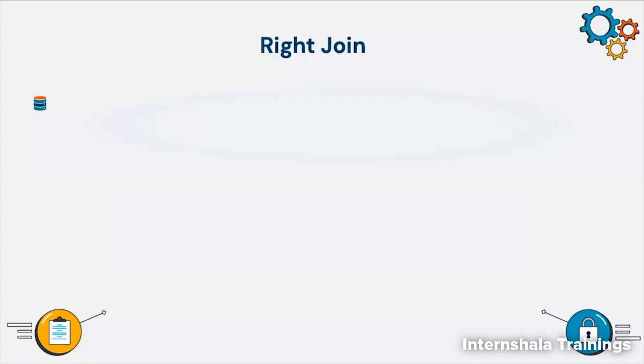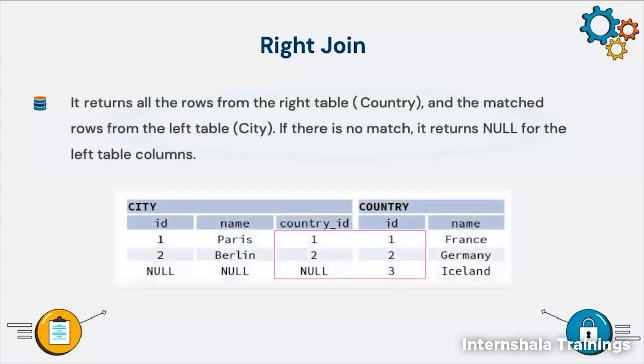Exactly opposite to left join is right join. It returns all the rows from the right table, that's the country, and the matched rows from the left table, that's the city table. If there is no match, it will return null for the left table columns. So here ideally it will first give preference to the country table and then to the city table.